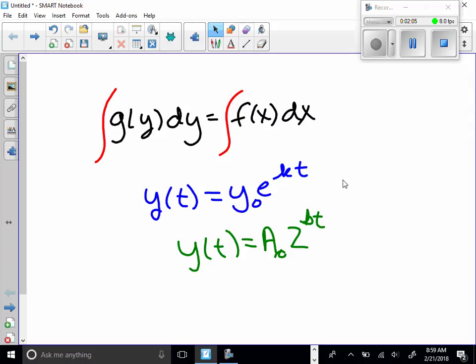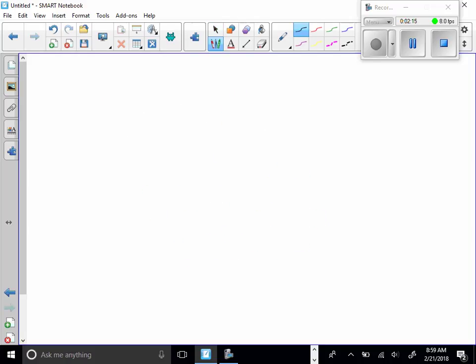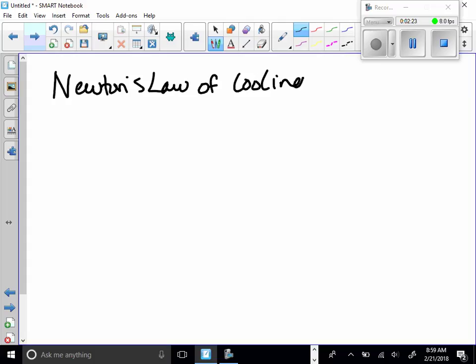So we're going to move on to some additional examples, situations. And so let's talk about Newton's law of cooling. And Newton's law of cooling makes a lot of sense.